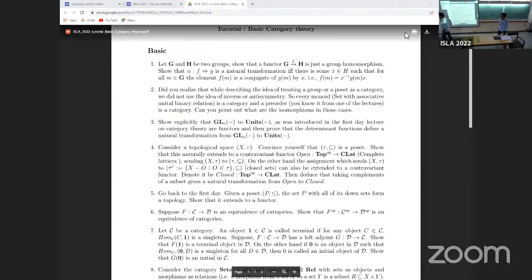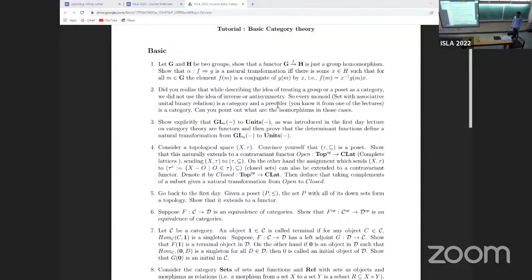Only identities will have inverses. So if you think for posets, then it is the case, right? But in a pre-order, more generally, if you impose this condition that there is an isomorphism, then think how it is going to be.